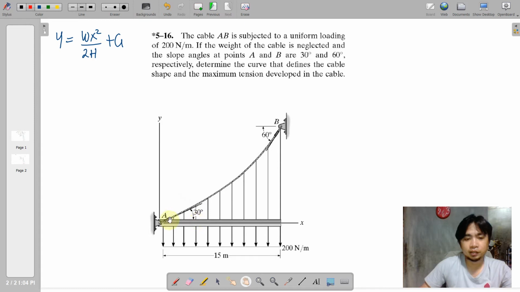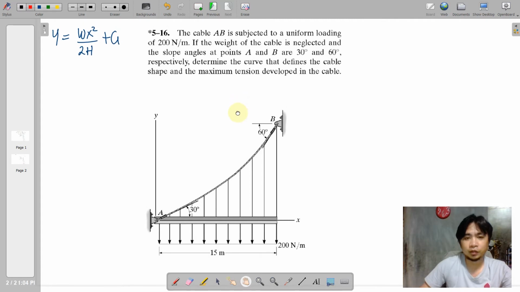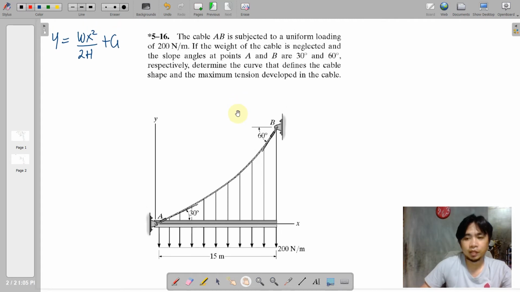In this case, it has a slope that is actually 30 degrees. So this time we are going to determine the curve that defines the cable, or simply the equation of the curve, and from that we can derive the maximum tension that will be developed in the cable.